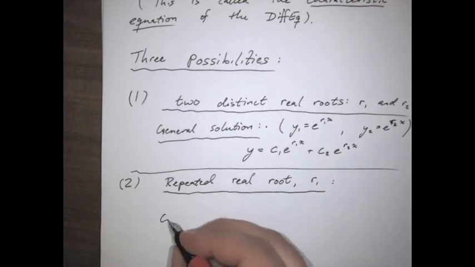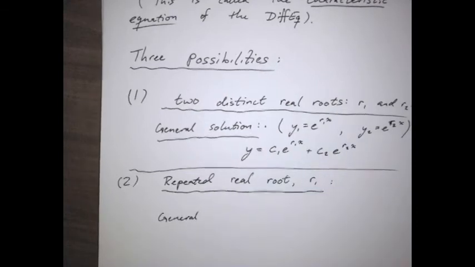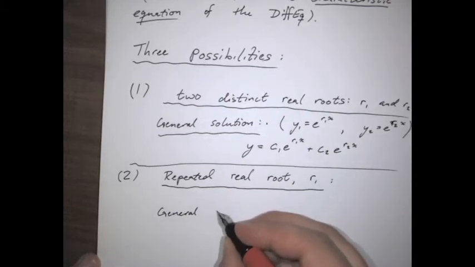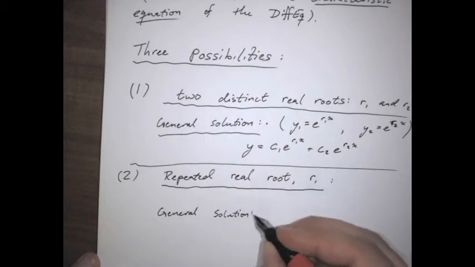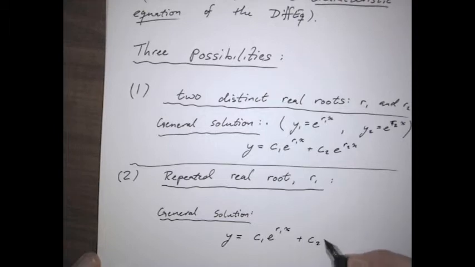So now, for reasons that we'll not cover at the moment, we'll cover it later when we see more things in this vein, the general solution will look like this. y is equal to C1 e to the r1x plus C2x e to the r1x.